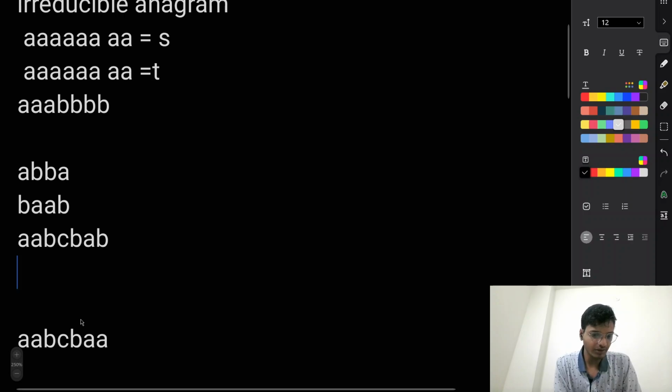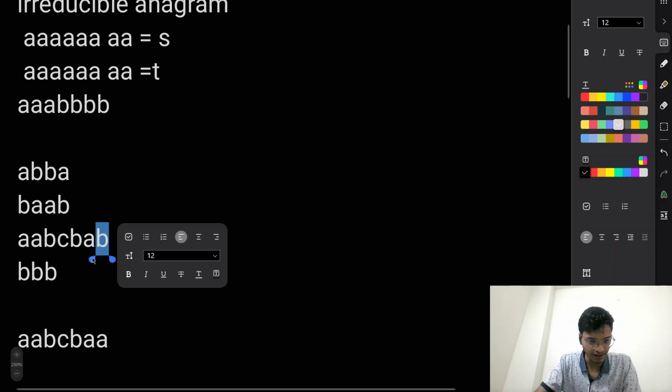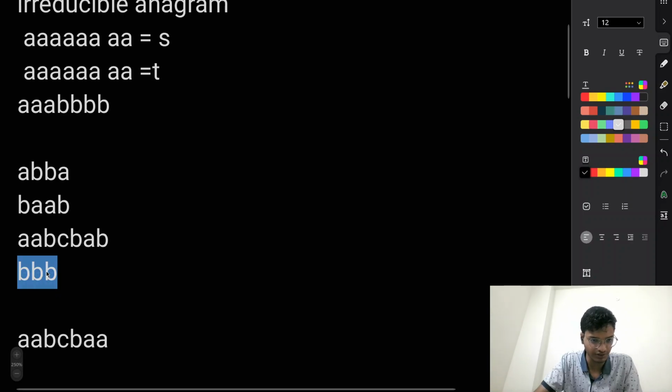In this case, we will try to put all our B's first, since they are the last vector, we will put all the frequency of B. The total of them is three, so we put all of them, and then we put C, and then A. The reason we are doing this is that we need the first character and the last character to be different.